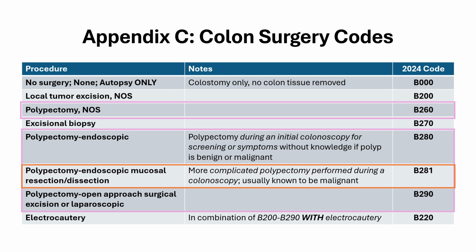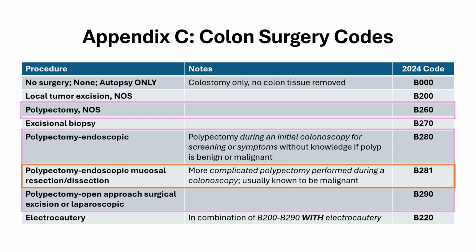Now, if we have a polypectomy that is performed as an endoscopic mucosal resection or dissection, this is a more complicated polypectomy. It is performed during a colonoscopy, but it is usually known to be malignant before being done, and this is code B281.